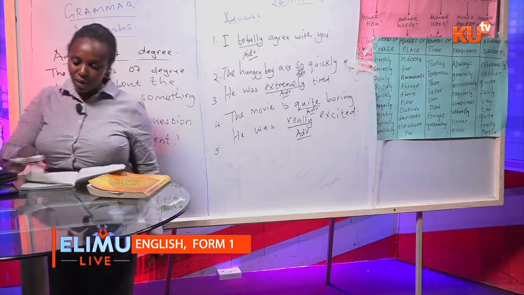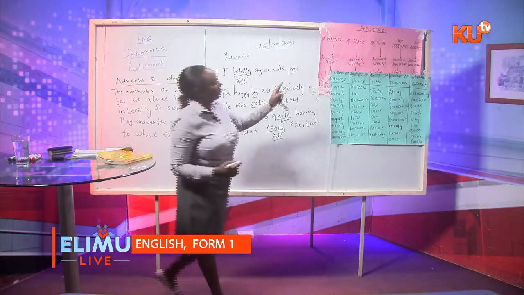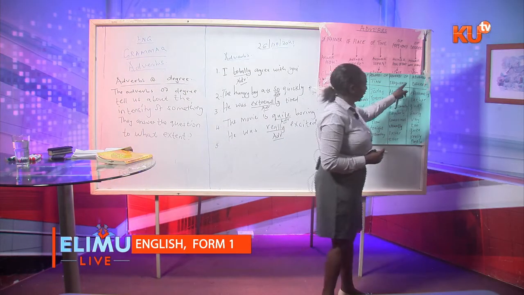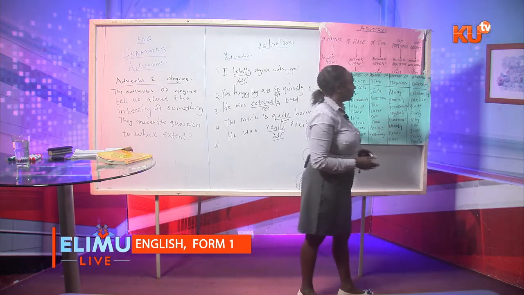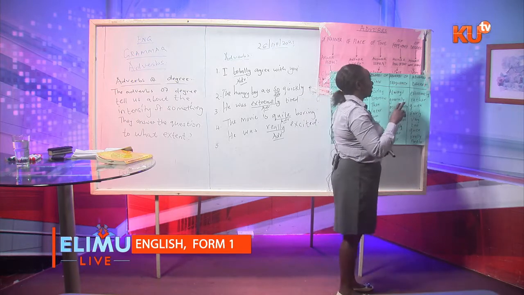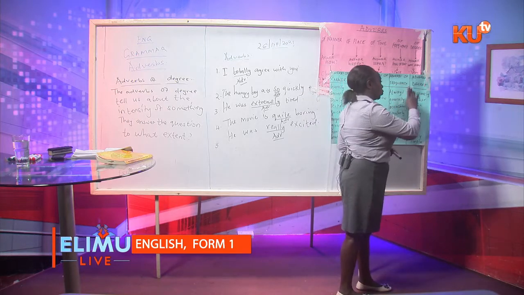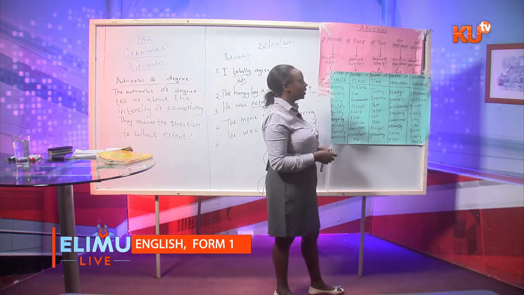And now we are going to look at our chart, and you are going to make examples using these words. We have the adverbs of degree, which answer the question to what extent something is or an action is taking place.